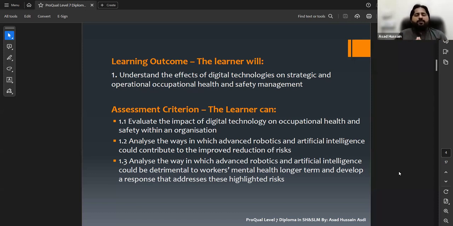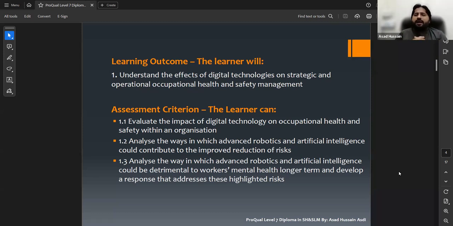Then in 1.2, analyze the ways in which advanced robotics and artificial intelligence, AR and AI, could contribute to the improved reduction of risk.